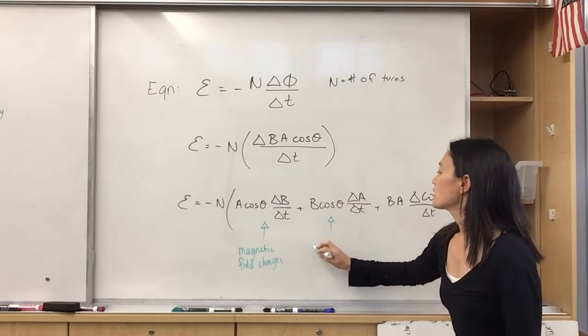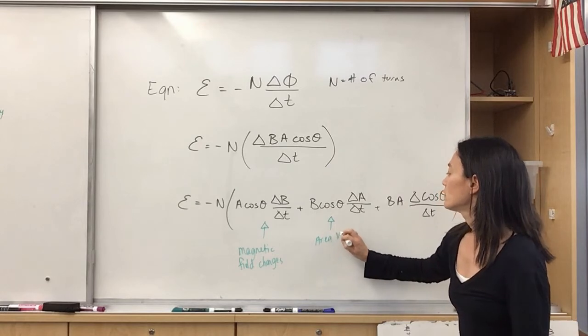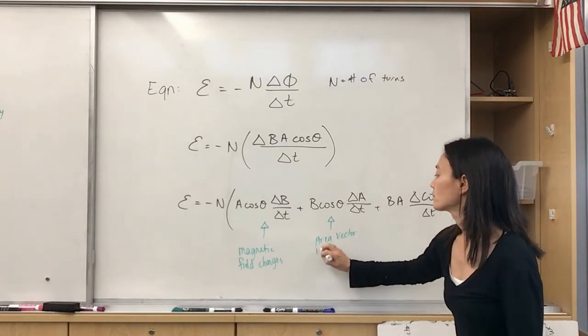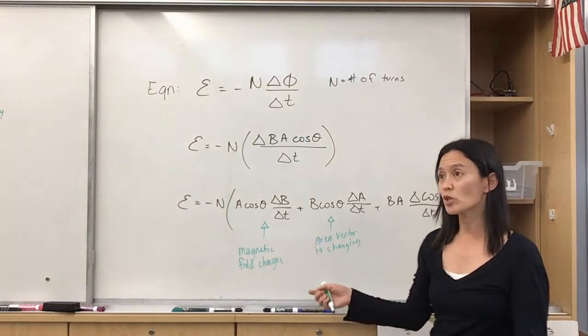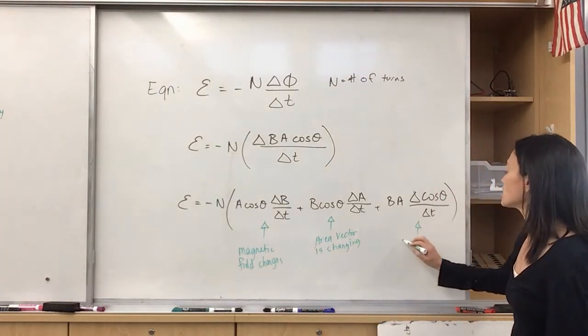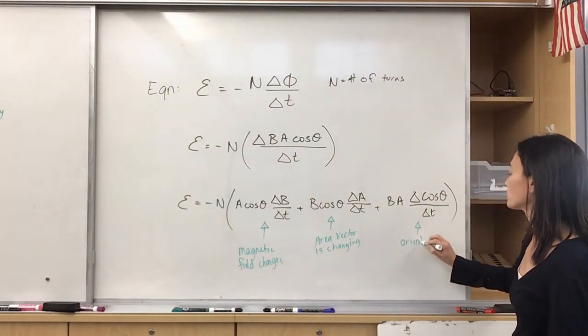This is if the area vector is changing. So something is changing about the size of my loop, and this would be that the orientation of the area vector is changing.